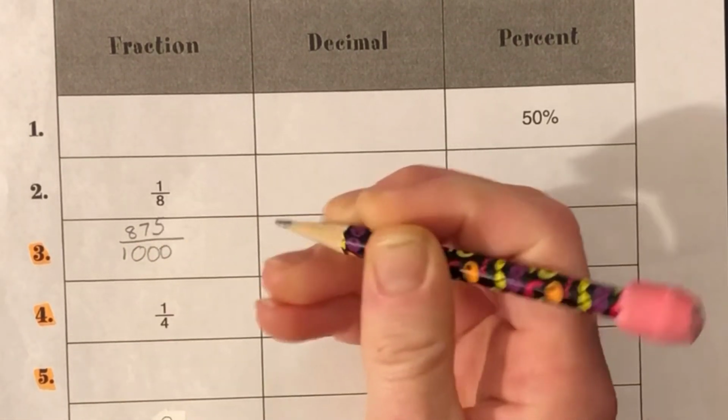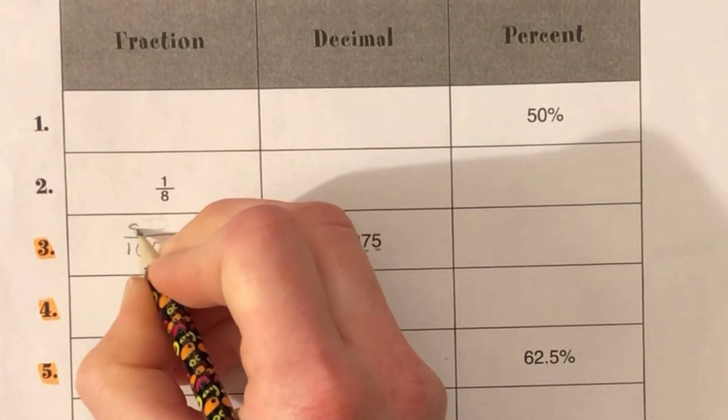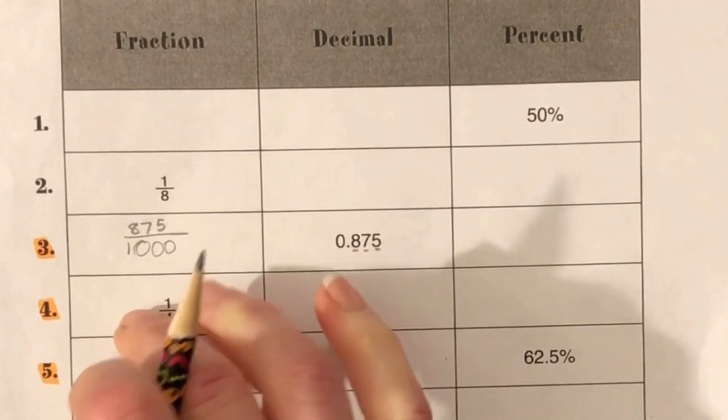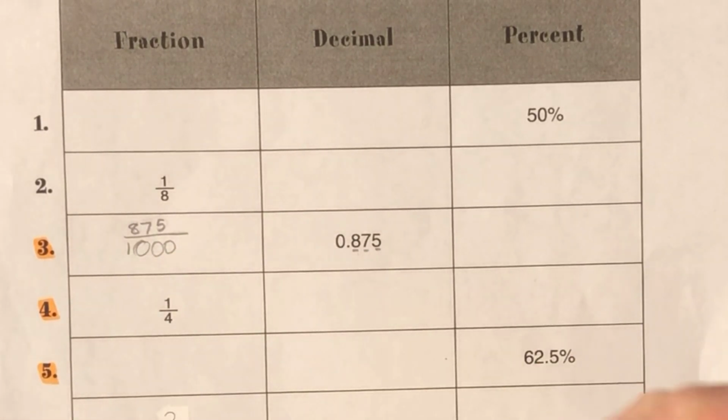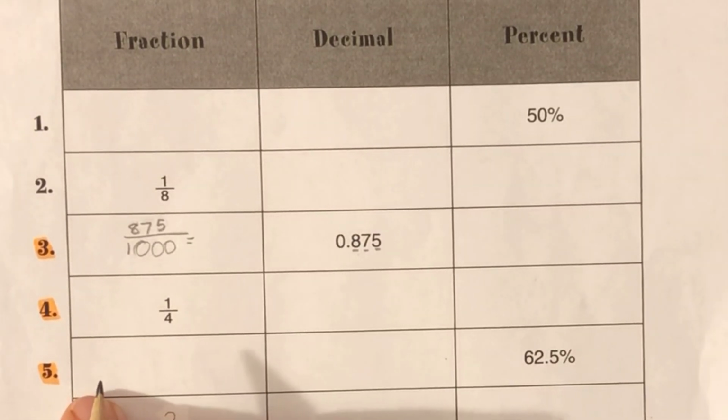875. Now, let me write that a little bit neater. Now, this can be reduced, so I want us to reduce this. I know that 25 goes into all of them.